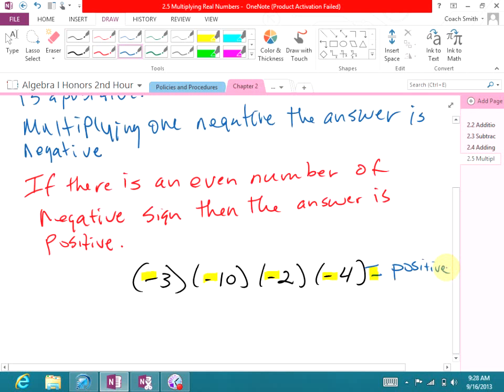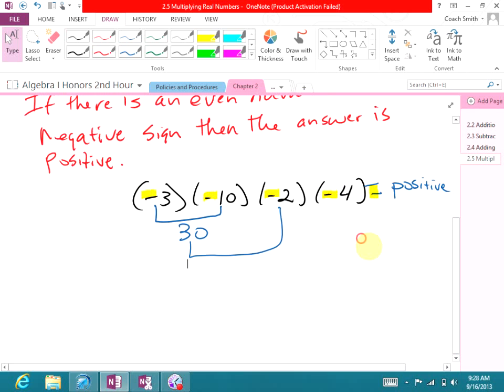Now, the mathematical reason for that is this. If I take negative 3 times negative 10, well, our rule just said if I'm multiplying two negatives, I get a positive, so that would be a positive 30. Now, if I take a positive 30 and multiply it times a negative 2, that is one negative sign, so that gives me negative 60.